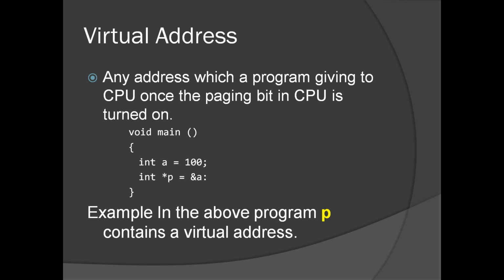Now when you access that address, say the next instruction is star p equal to 200, that particular address is translated by the CPU to a physical address before doing the access to the physical memory. So in the above example, the pointer variable p contains a virtual address. All the addresses a program is using are virtual addresses.